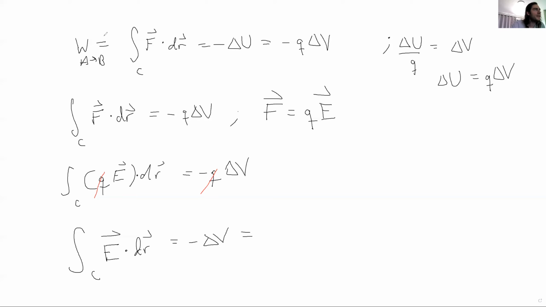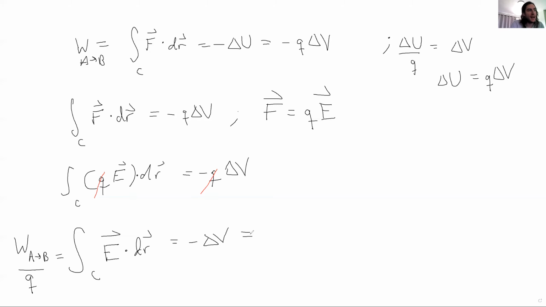And so before we said something about work from A to B. So let's actually include that here. Let's remind ourselves that we are indeed going from A to B here.